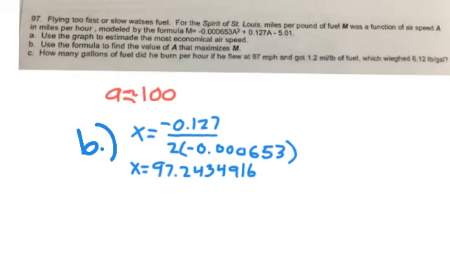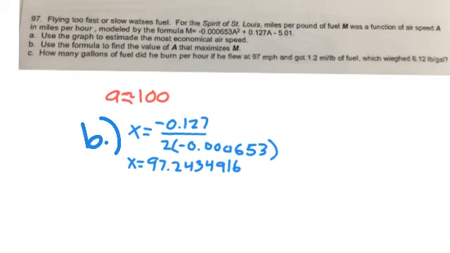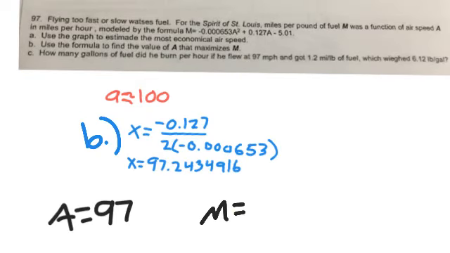I hate this question. So I know that my speed, A, is 97. I know that the value M is 1.2 because it tells me M is the miles per pound of fuel.